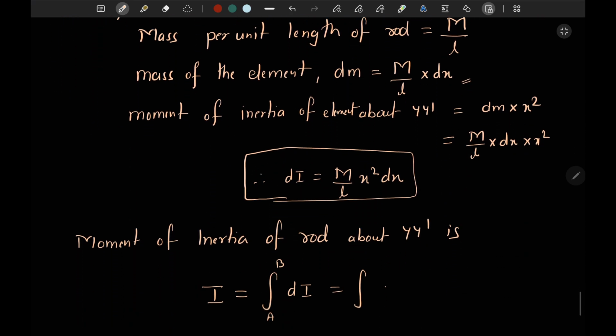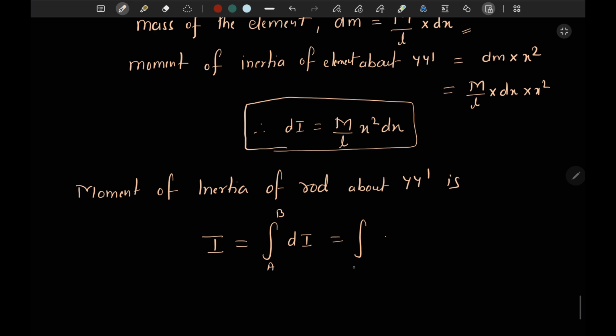So this integration is going to be from minus L by 2 to plus L by 2, and the value of dI is m by L x square dx.